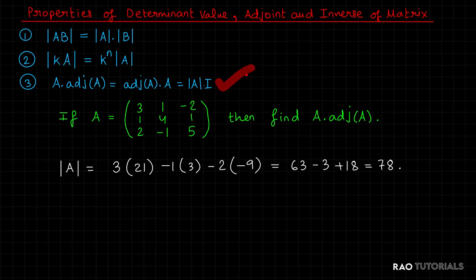And then we can use this result to find the desired product as 78 times identity.